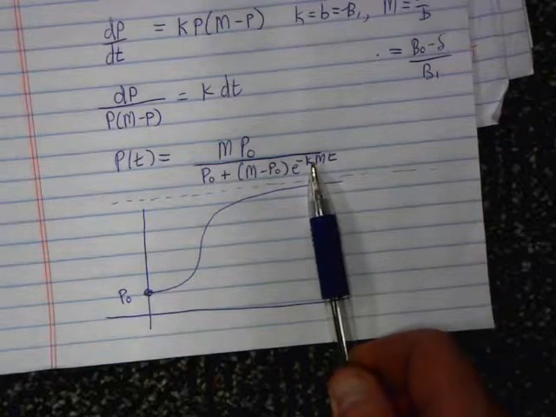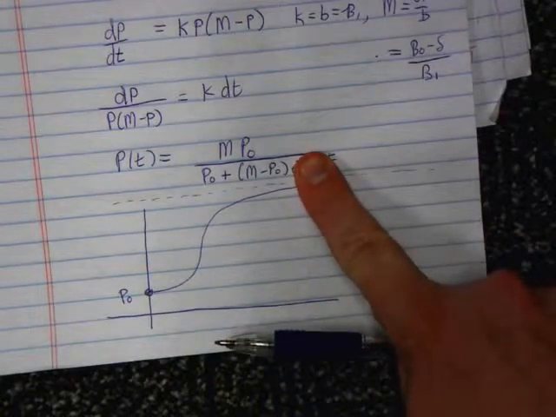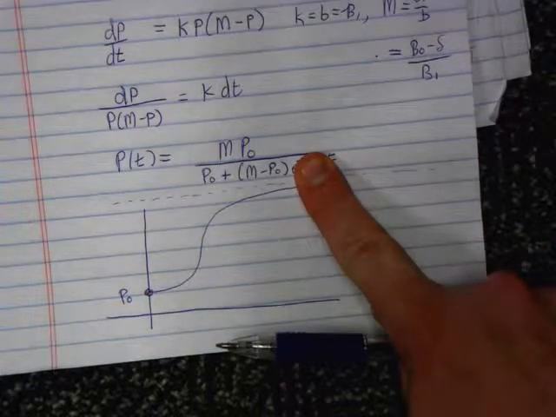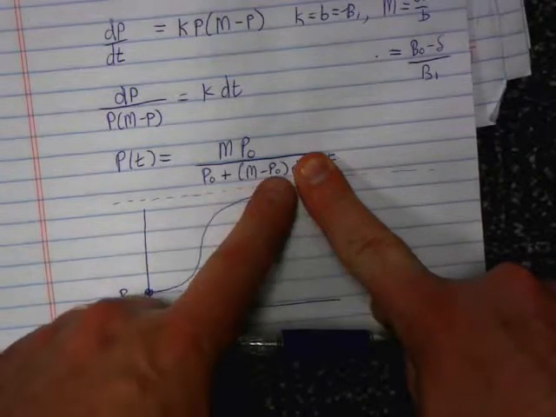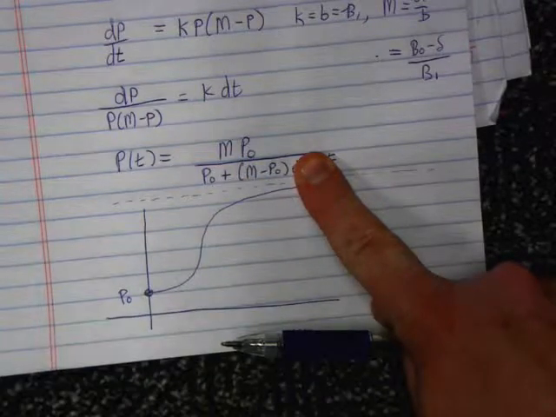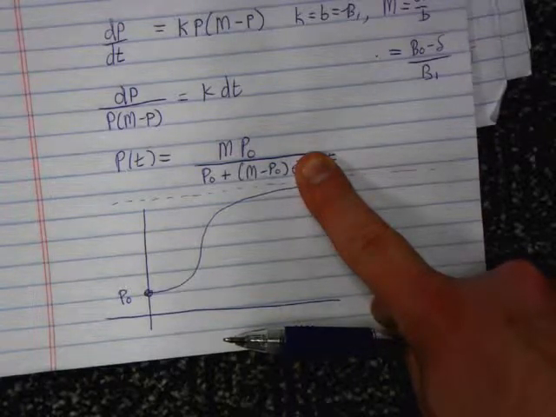This gets close to 0. Then what else happens? There's just M P0 over P0. So those cancel out. Because if the e goes to 0, then that makes the M minus P0 go to 0. It's just P0.